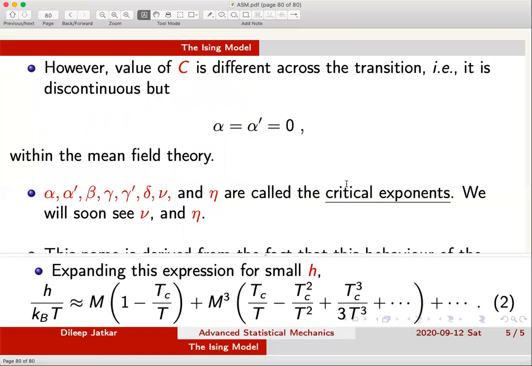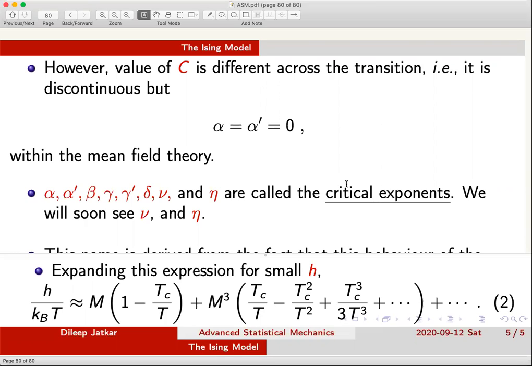And J is not necessarily a nearest neighbor. J could be a reasonably far away site on the lattice. You want to ask how far that disturbance reaches, and we want to quantify that in the neighborhood of T equals Tc.